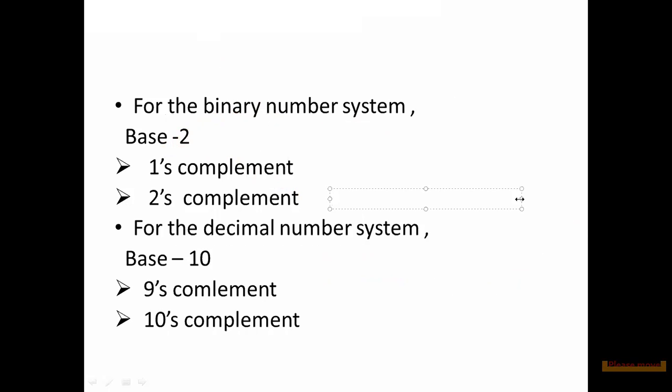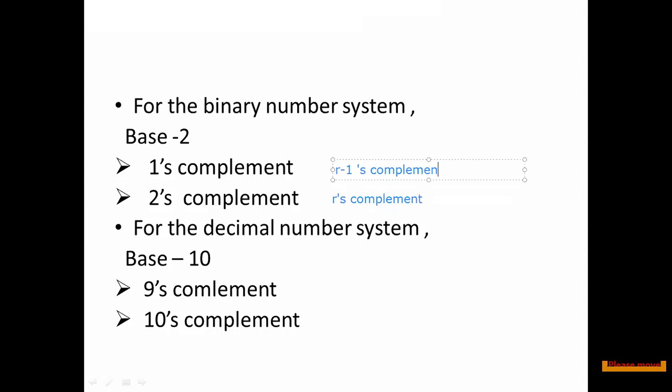So here 2's complement means that is nothing but R's complement. Next, diminished radix complement will be taken as R minus 1's complement.